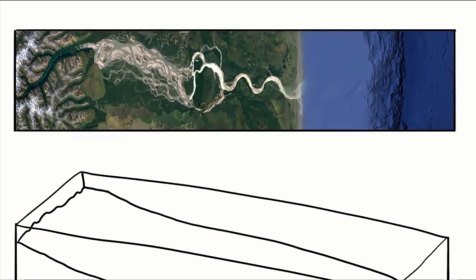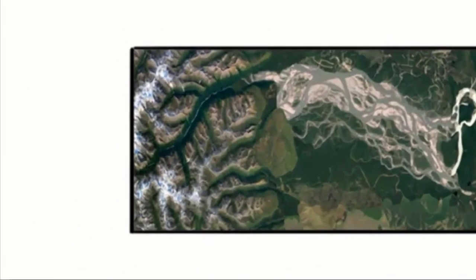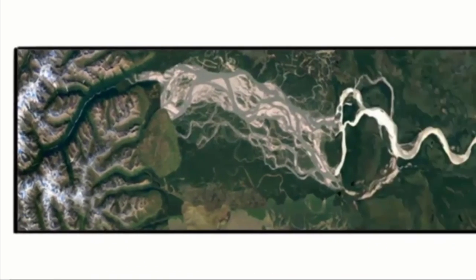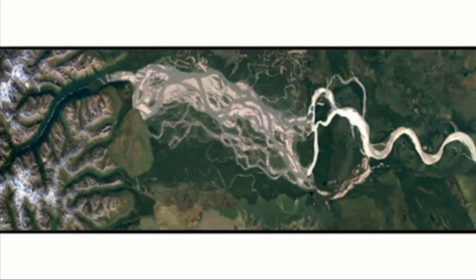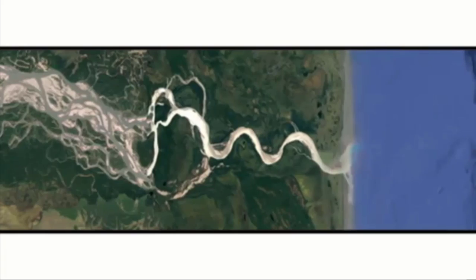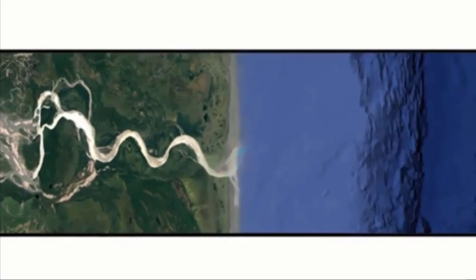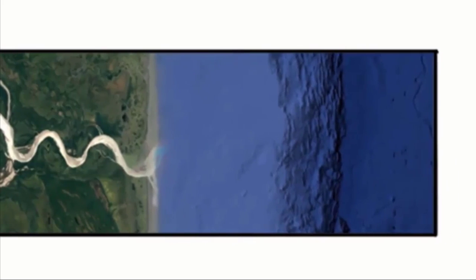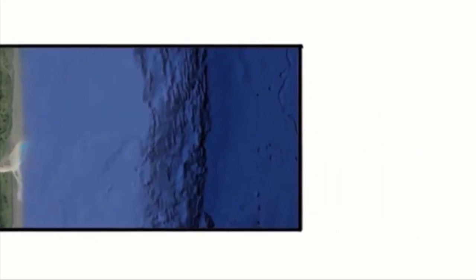The upper perspective here shows a map view, sort of like a Google Earth view, if you will, of different sedimentary settings, where the sediments are spawned in a mountain range over on the left, to being transported downstream in a braided river system, and then going into a more mature trunk-like river that then meets the ocean in a little delta, spreads sediments out along a beach, and then the shallow ocean water, the flooded part of the continents, the continental shelf, and then the deeper ocean further offshore.